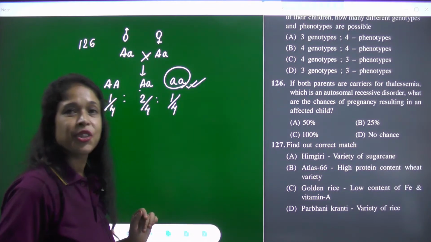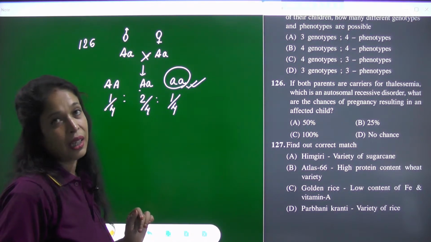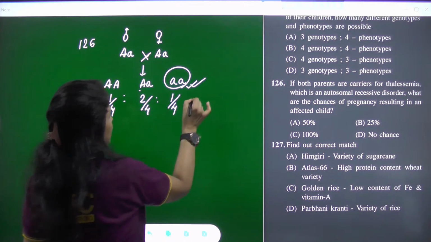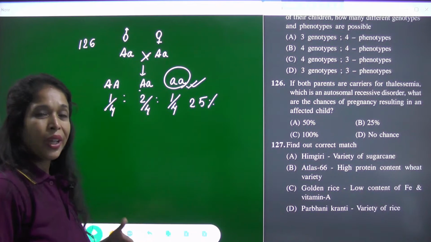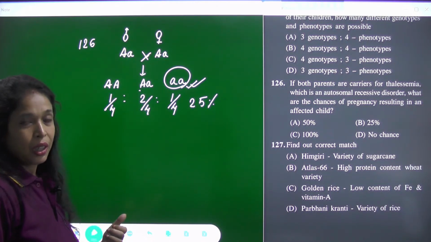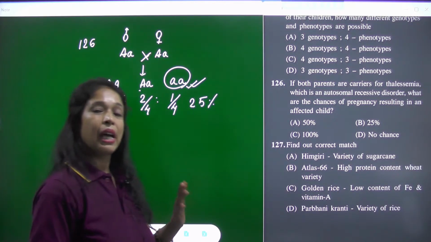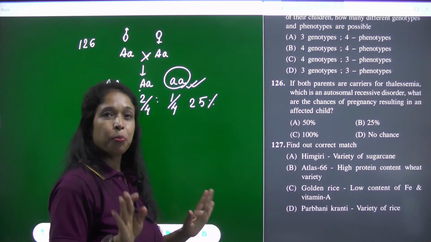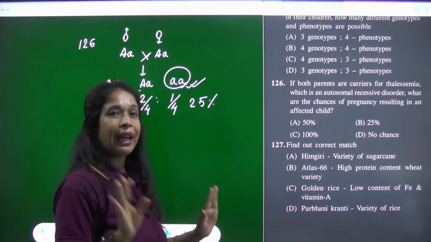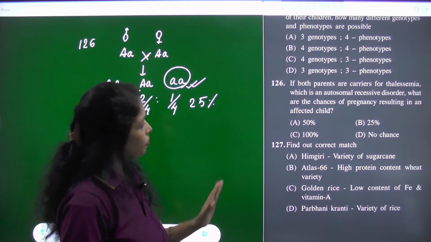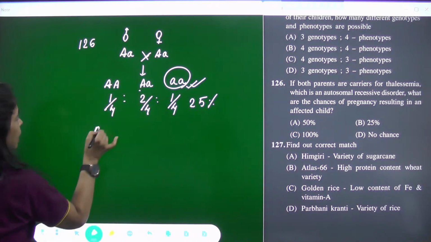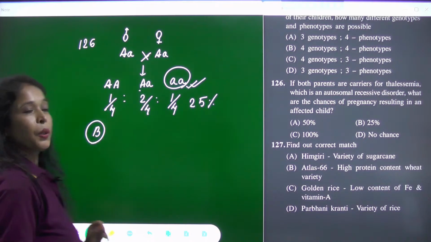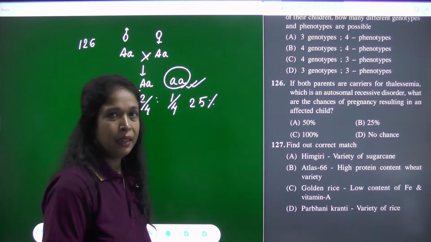It is the affected child for the disease thalassemia. So what is the percentage? 25%. Right? 25% chances are there for the pregnancy having affected child if both the parents are carrier, heterozygous. So answer will be 126 का हो गया B, second, 25%, right?